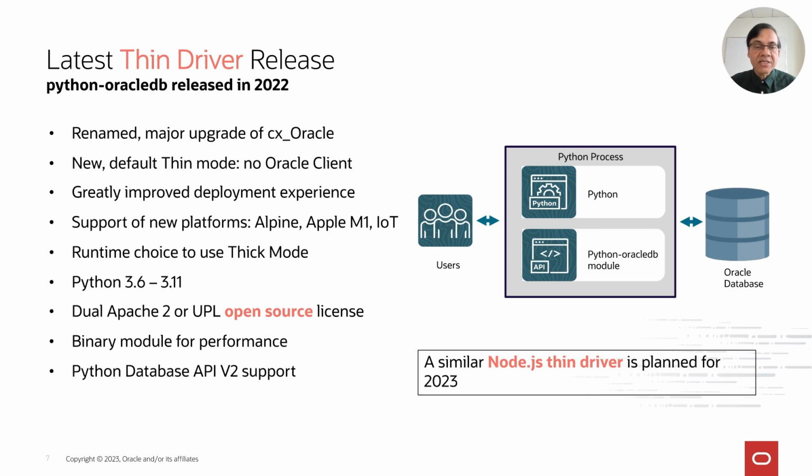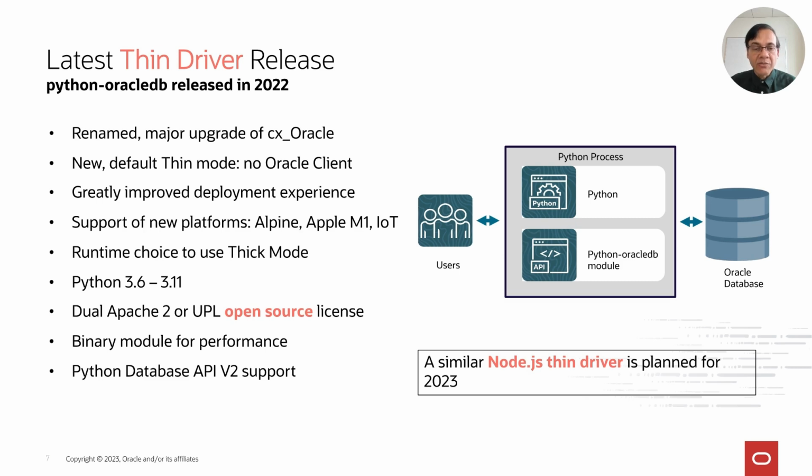And by default, it works in thin mode, which means there is no dependency on Oracle client libraries, which provides a greatly improved deployment experience and also support of many new platforms like Apple M1, Alpine, and IoT. It allows you to have a runtime choice to switch to thick mode if you are interested. It is distributed under the open source license available in GitHub, so that you can look at the source code and also contribute to it.